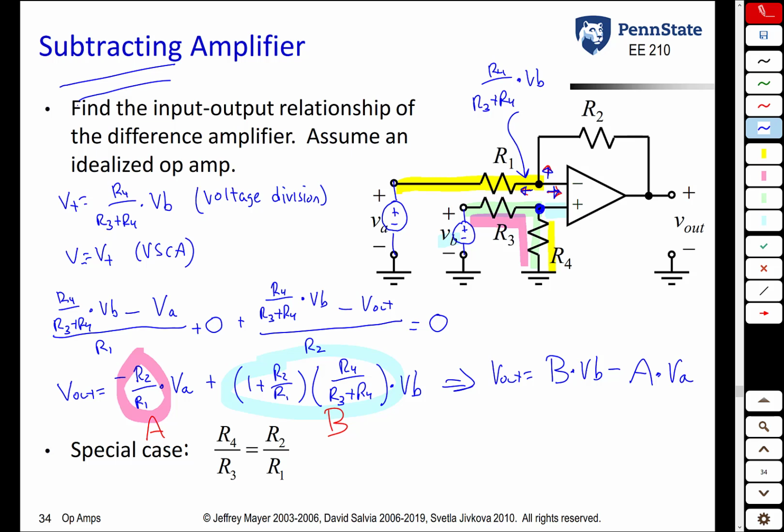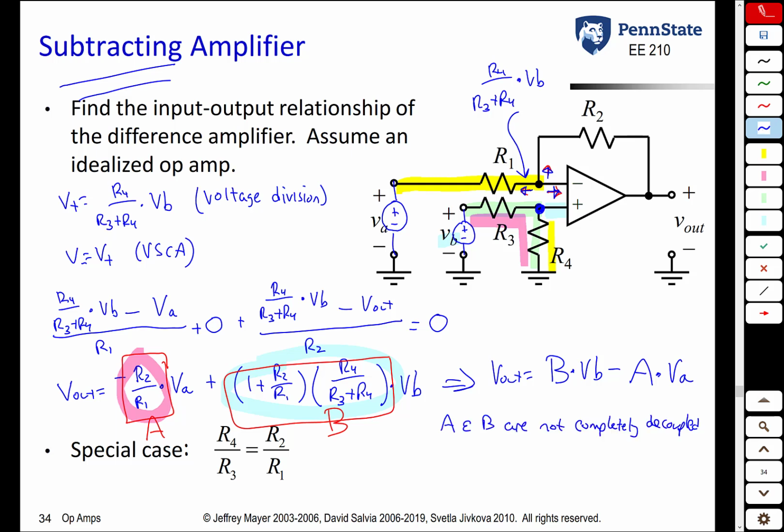The output is the signal VB multiplied by some constant B, which you pick through the choice of these resistors, minus A times VA, where A you pick by the choice of those resistors. One thing we need to note here is that the gains A and B are not completely decoupled.